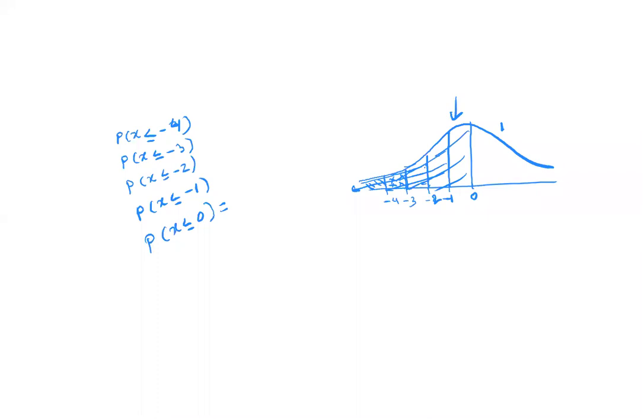Anybody want to? Where is Jerry? Is Jerry here? I see Jerry. Yeah, I'm here. What do you think? Could you repeat the question, please? What is the probability of x less than or equal to 0? It's anything accumulated before the 0.